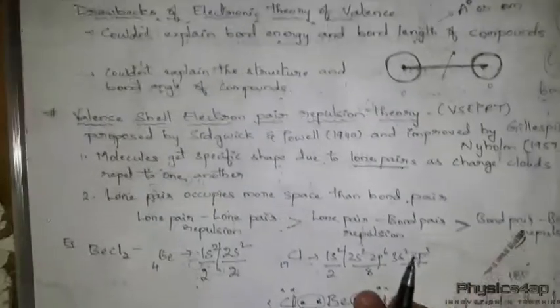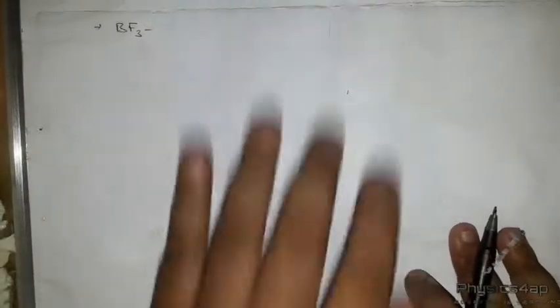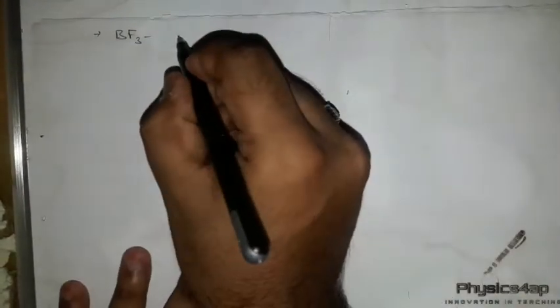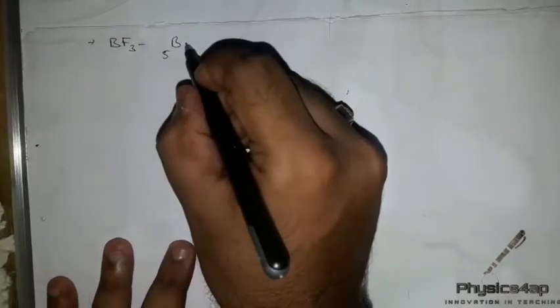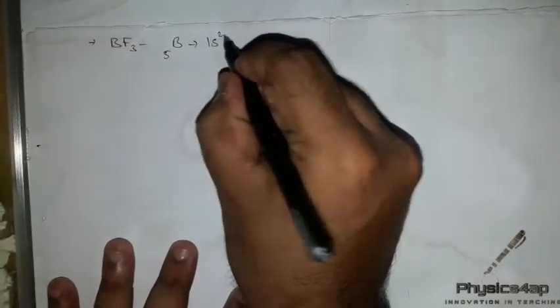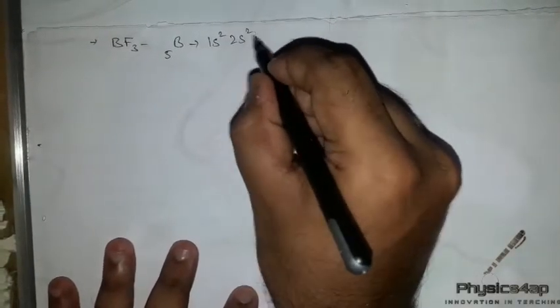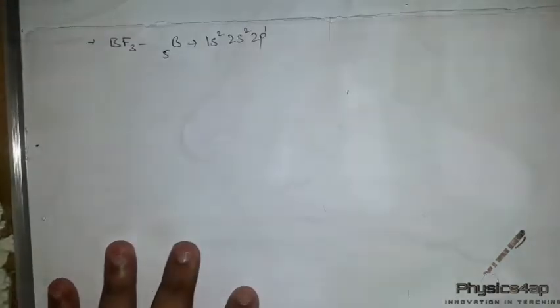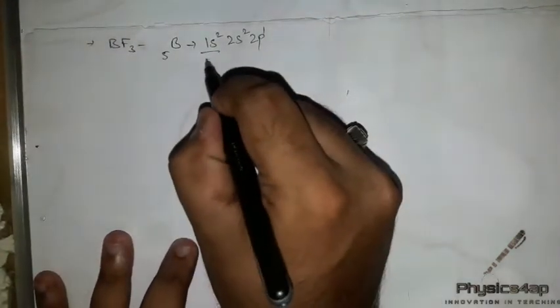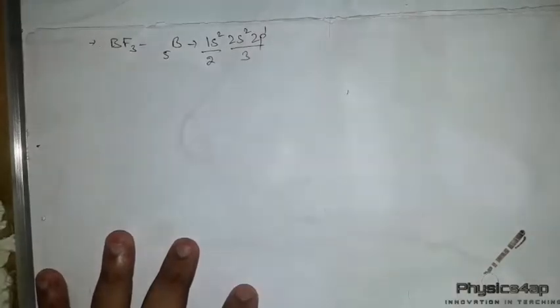Now let's go for another example, which is BF3, boron trifluoride. Here the central atom is boron, with atomic number 5. When we write the electronic configuration, we write 1s2, 2s2, 2p1. That means the first shell has 2 electrons and the second shell has 3 electrons.